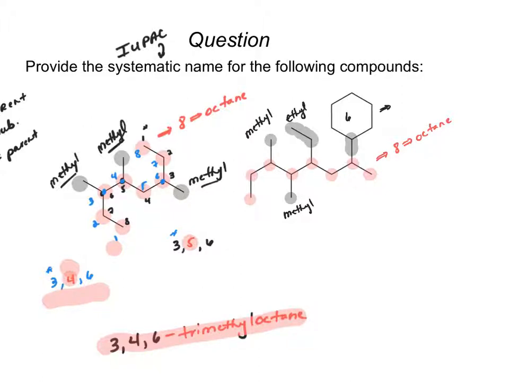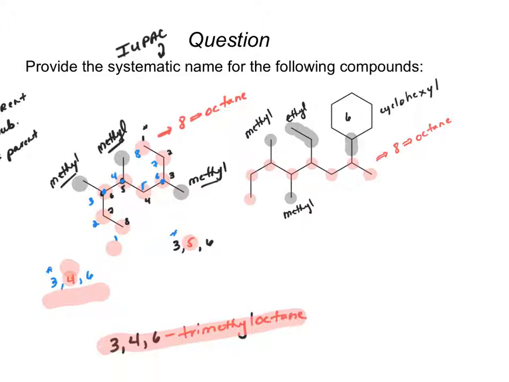It is a 6-membered ring, right? So 6 is hex. It's a ring, so we need to specify the fact that it's a ring with cyclo, right? But now it's cyclohexyl because it is a substituent off of our 8-carbon octane parent. Okay, so now we have identified our substituents.